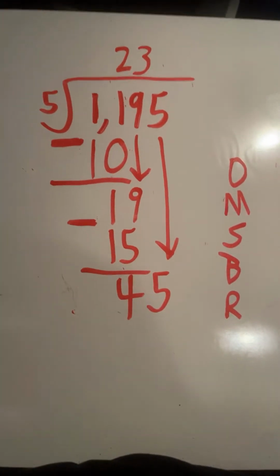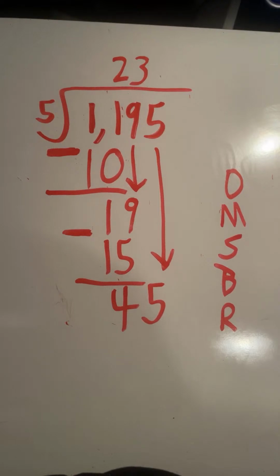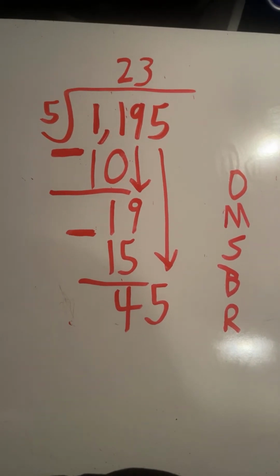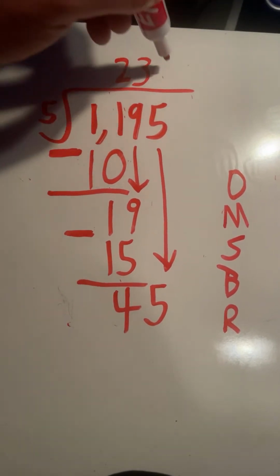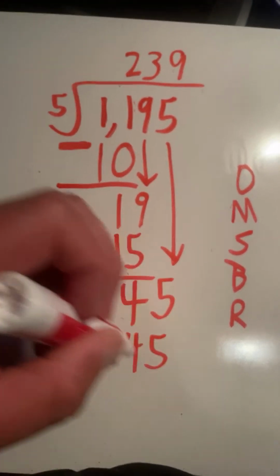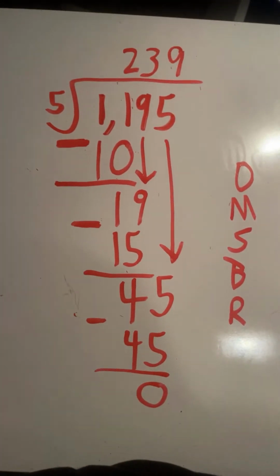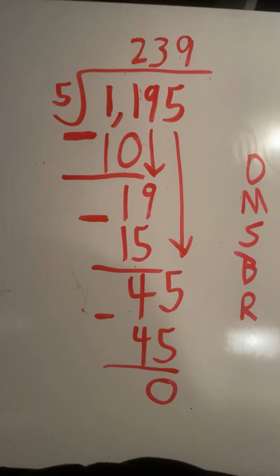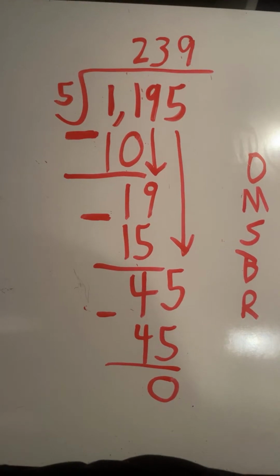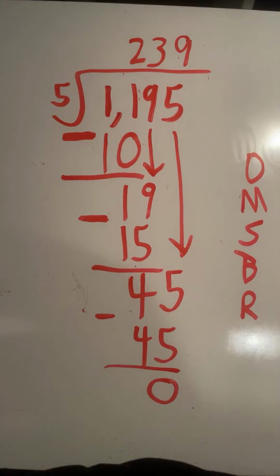Bringing down the 5. 45 divided by 5 equals 9. 9 times 5 equals 45. 45 minus 45 equals 0. So we have no remainders, and we have our final answer. 1,195 divided by 5 equals 239.